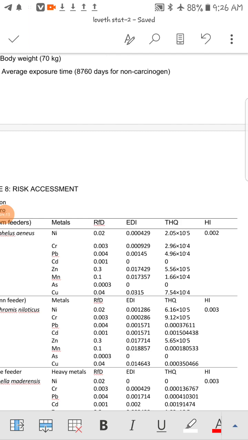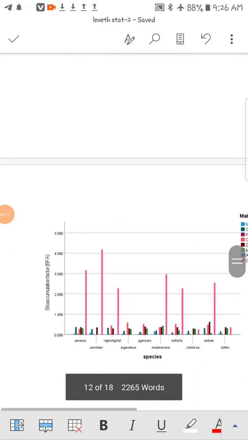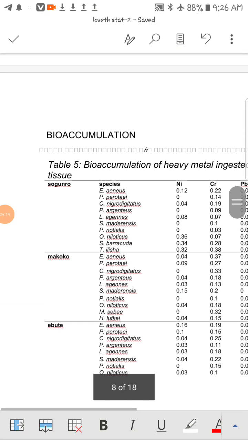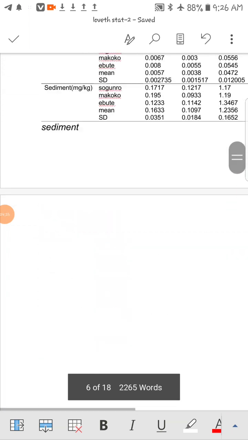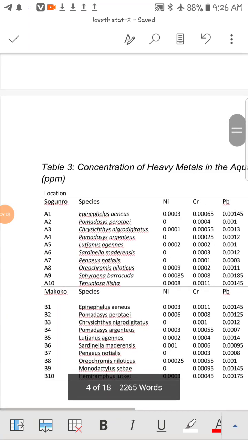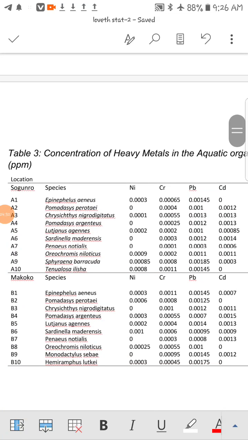So if you want to do this right now, all you need to do is to take the value of Nike here in the concentration. Don't go to bioaccumulation, go to concentrations of the organism. Concentration of heavy metals in the aquatic organisms. Here, this is a bottom feeder, 0.003. Then multiply this by the conversion factor to dry weight, which is 4.8.